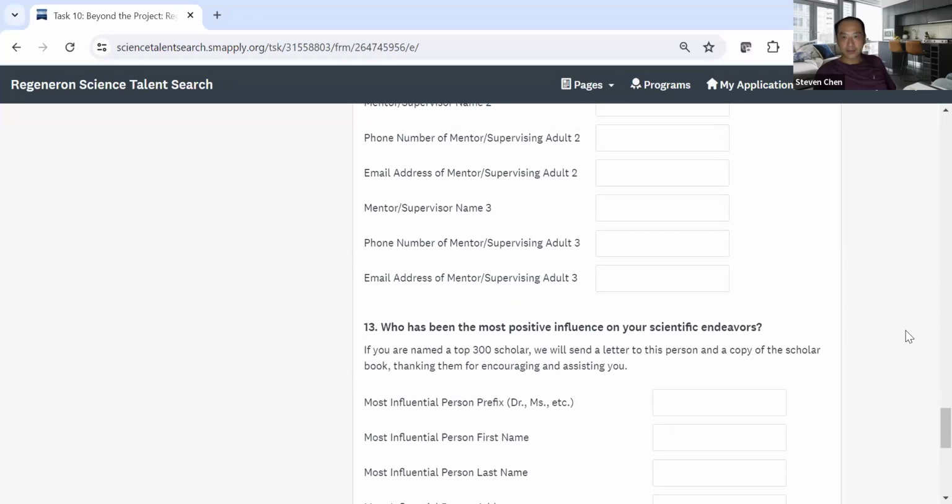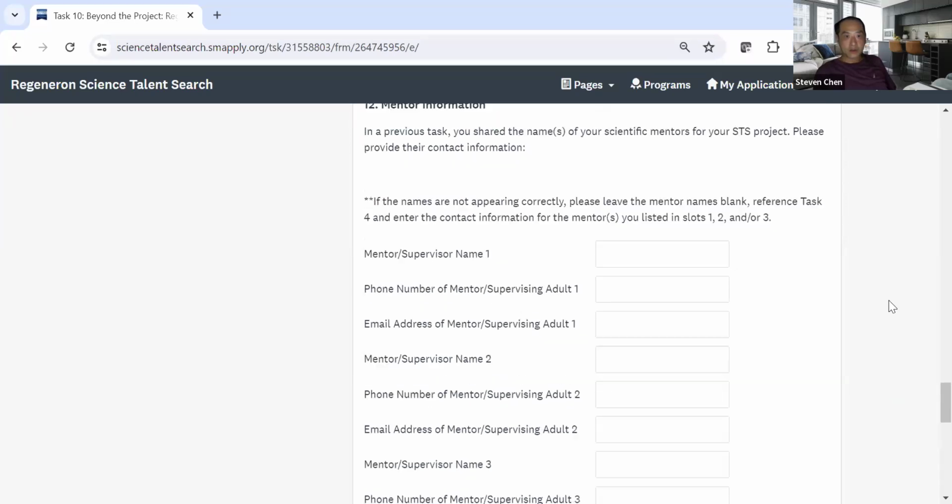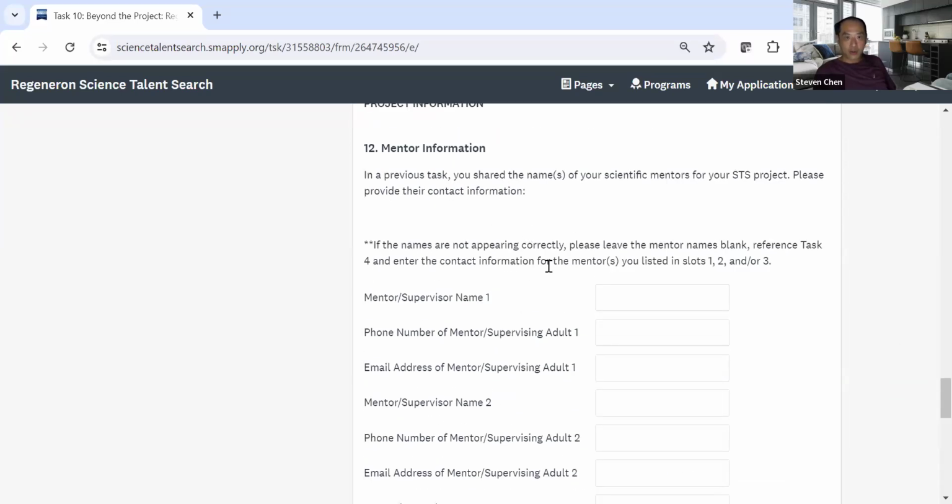And please note that you are also asked to provide your mentor's information because they need to contact your mentor. Recall that in part 2, you need to request recommendation letters to comment on your project. As I said earlier, if you decide not to choose your research mentor, you choose someone else to comment on your research.